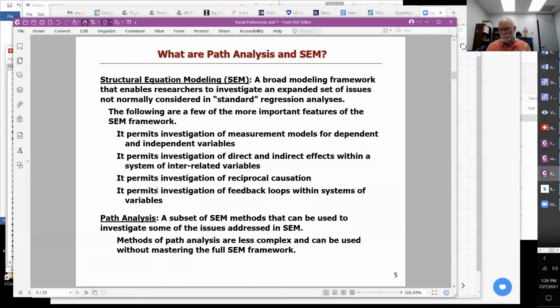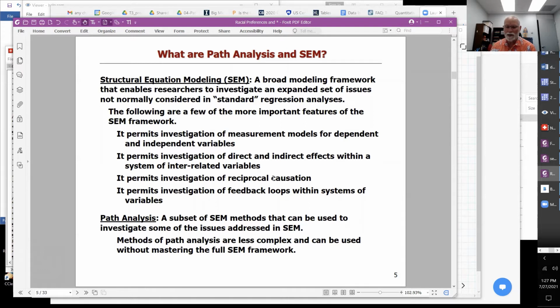And a feedback loop could be considered just a complex way that there's reciprocal causation, but these things make sense in the real world. They make sense when we think about what we're doing, when we use policy to manipulate the world, we should be thinking about how this may set off chain reactions of effects where there may be reciprocal causation or there may be feedback loops.